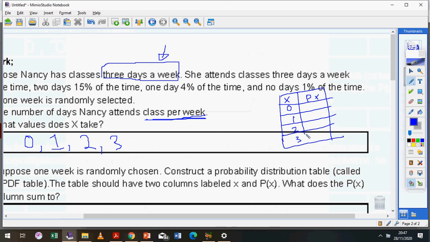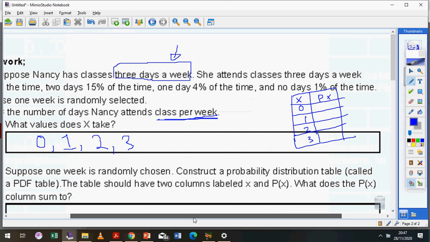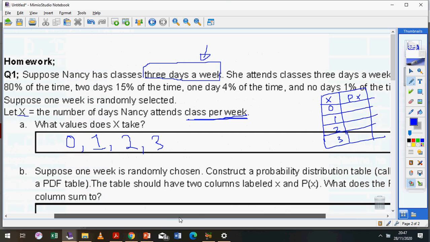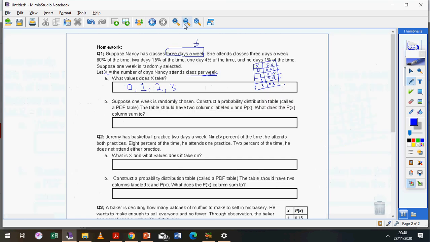And this question told you that she attends class 3 days a week 80% of the time. So the probability for 3 days a week is 0.8. 2 days a week is 15% of the time, so this is 0.15. 1 day a week is 0.04, sorry. And 0 days, no days, is 1%, 0.01. So that's your probability distribution table.